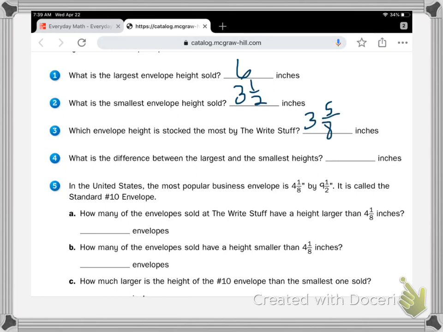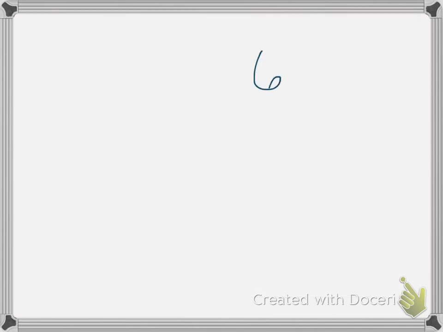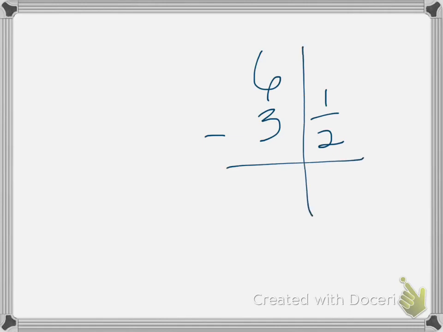And now the next question says, what is the difference between the largest and the smallest? So my largest is 6 right here. My smallest is 3.5. So I'm going to take 6 minus 3.5. All right. So I can think of this as 0 halves minus 1 half.